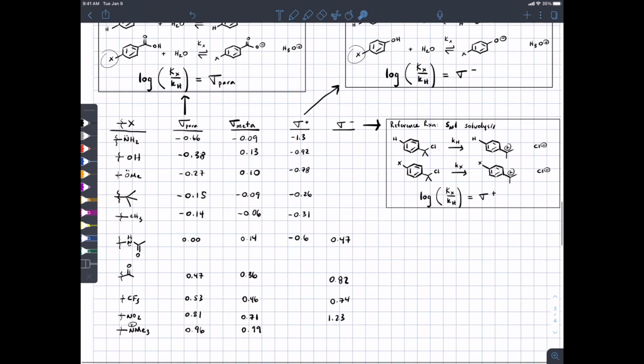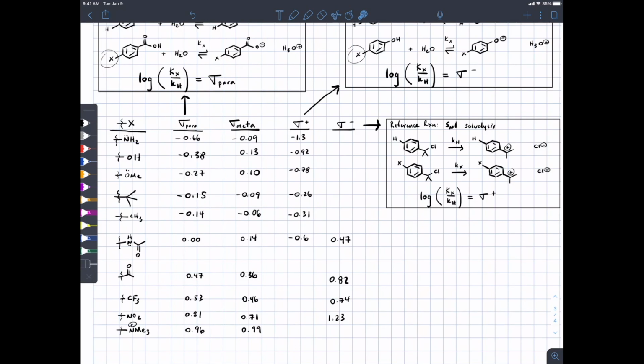And so those are listed here. And you can see once we focus exclusively on the resonance effect, the aniline amino group is a crazy good donor, much, much better than the benzoic acid reaction suggested. And also the hydroxy group is a much better donor than you would have guessed in the benzoic acid reaction.